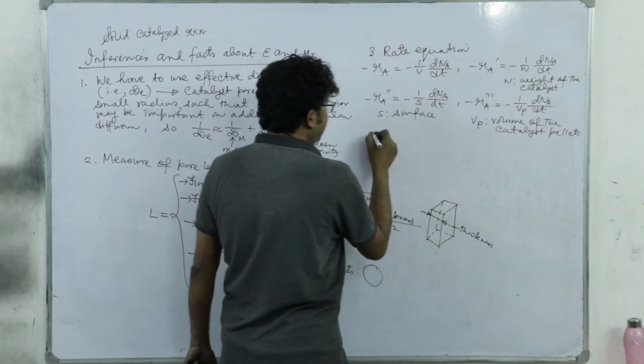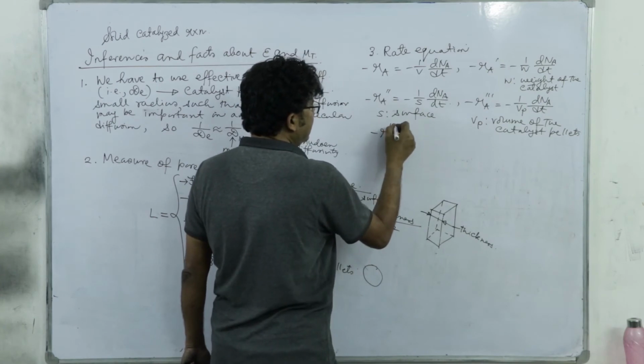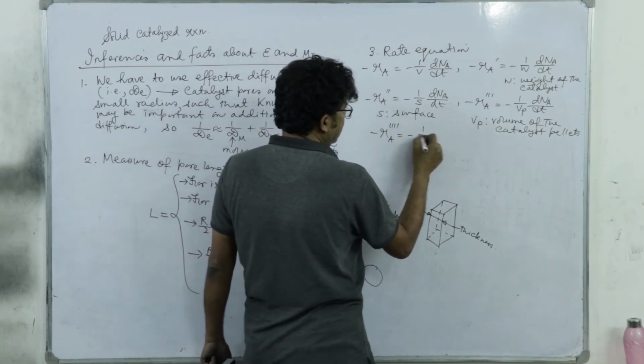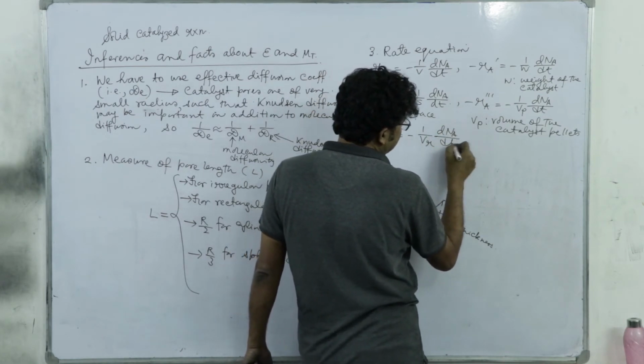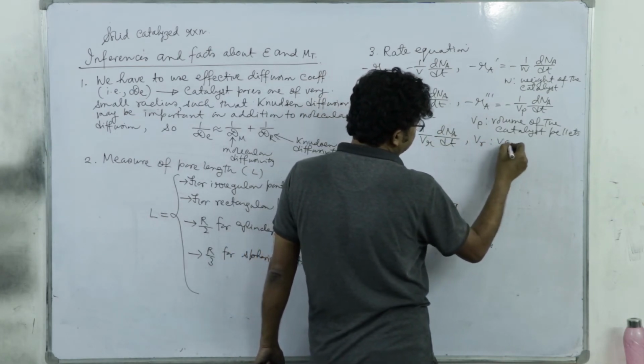Right, and finally, minus Ra4 prime is equal to minus 1 by Vr dNA/dt, where Vr is the volume of the reactor.